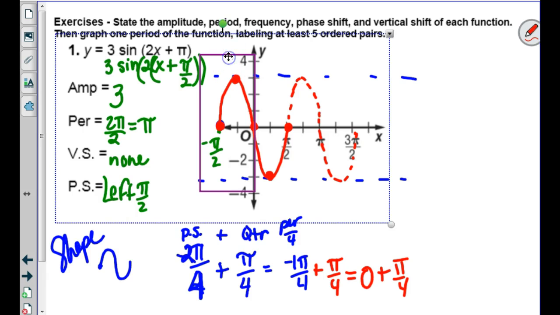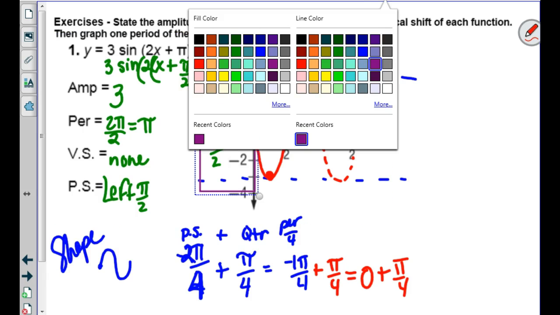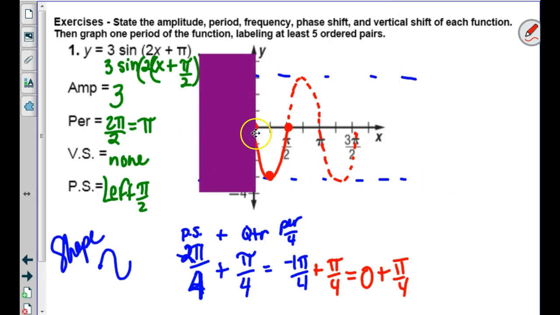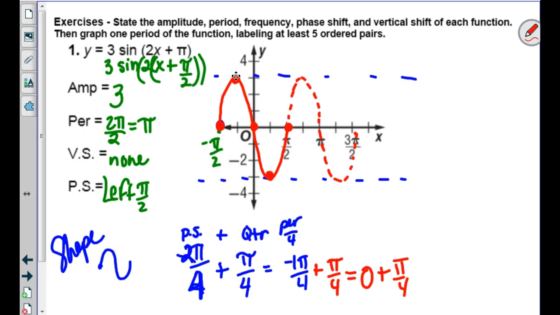I'm not very good at it. I want to fill it with something. Okay. If I had started just with that piece, do you see where that would have been a negative sine? And it wouldn't have required a phase shift. So there are multiple ways to write this equation that are equivalent.